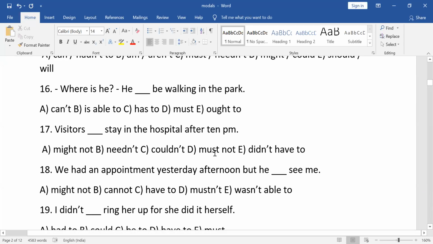Where is he? Give me answer, guys. Where is he? He dash be walking in the park.